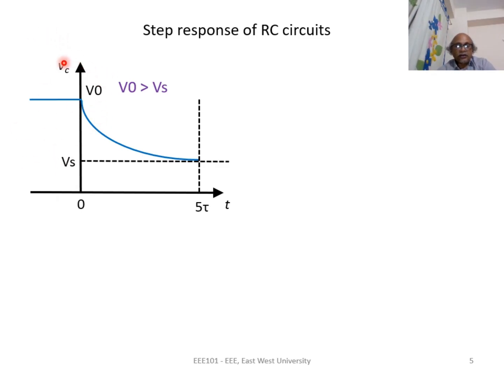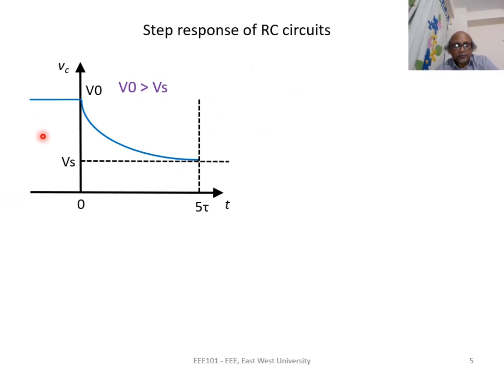At t equal to 0, after the switching, the capacitor starts discharging and the capacitor voltage decreases. However, unlike the source-free situation, the capacitance voltage does not discharge all the way to 0. Rather, the capacitor voltage gets fixed at a final value Vs after 5 tau time.